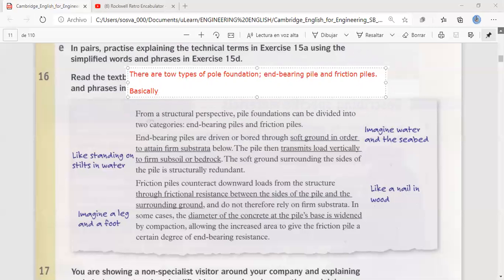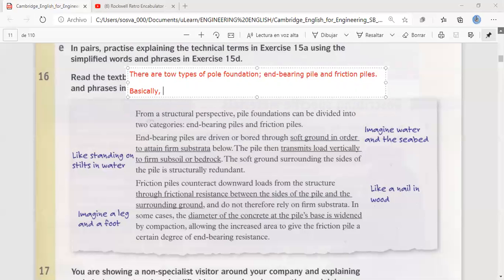It says, end-bearing piles are driven or bored through. And the pile is bored in subsoil or on subsoil. What do you call a subsoil?